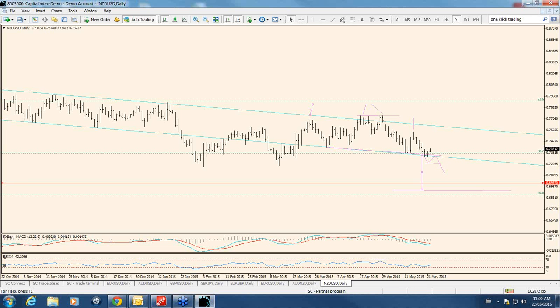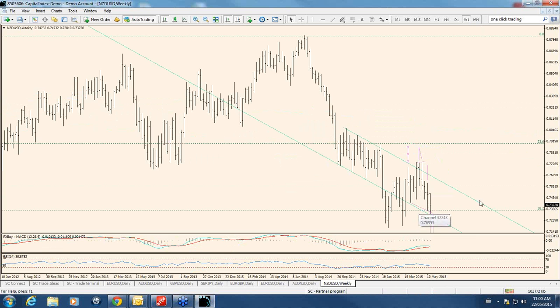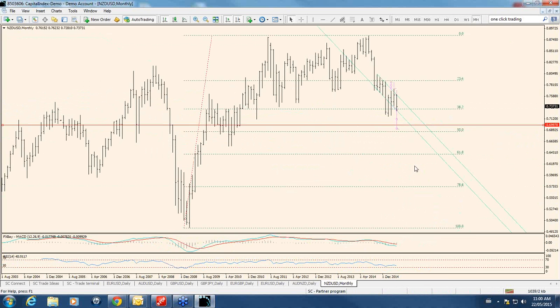Is it a concern that the head and shoulders is at the bottom? Yes. Well, it depends how you look at it. If you look at the monthly chart, it's forming near the top of the chart.